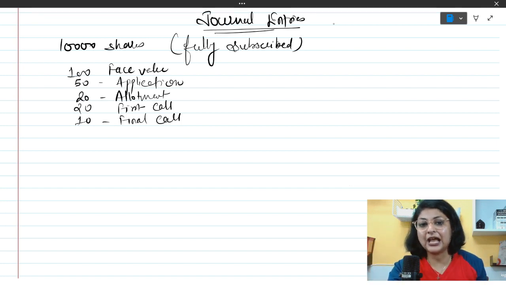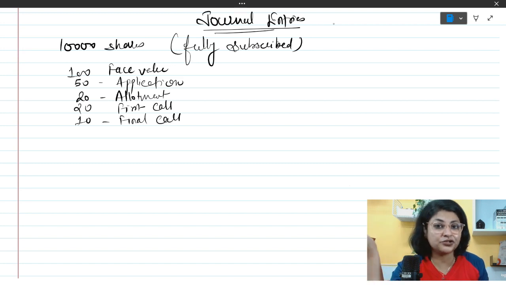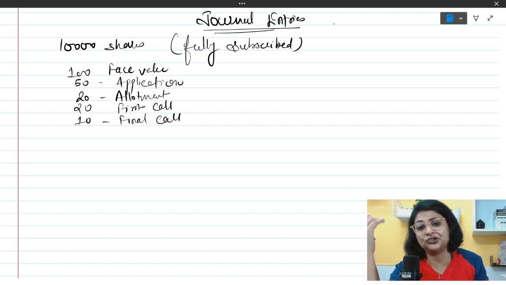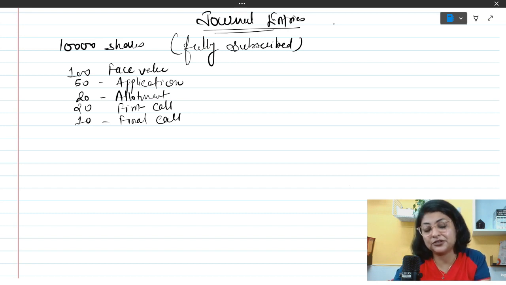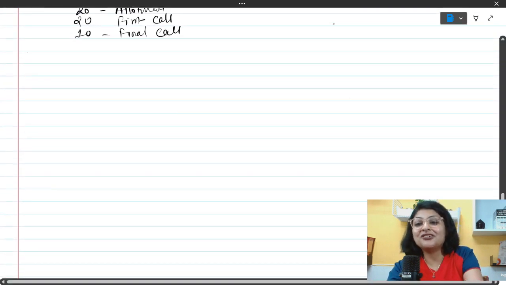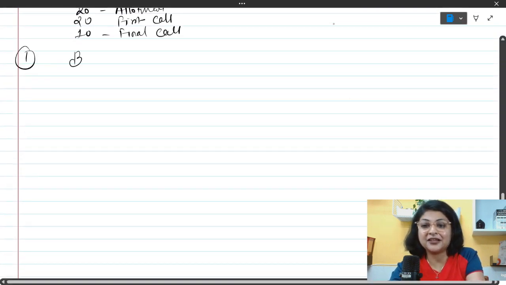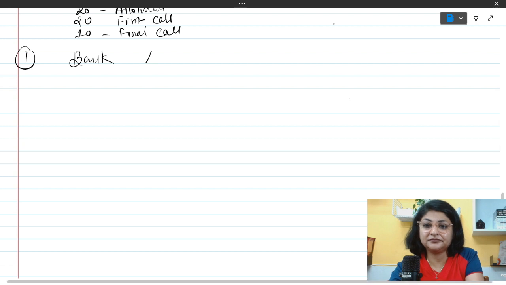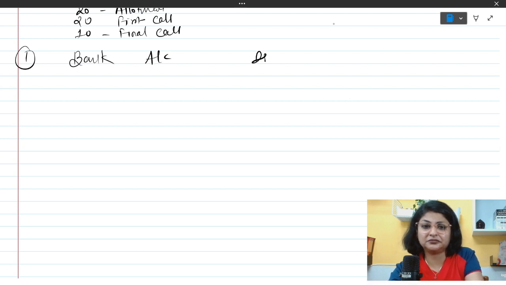Here you will be very happy to see the journal entries are almost the same entries that we had done in the issue of debenture chapter. So I am not writing under the format, but I am assuming that you all will write under the format because it is important. So the number 1 entry is bank account debit to equity share application. If it is equity share, you will write equity share.